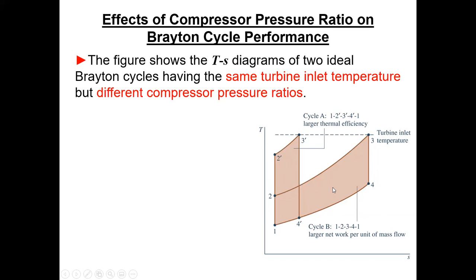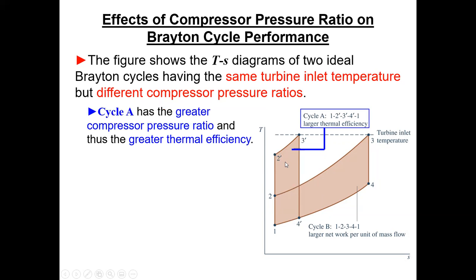So this lower pressure cycle favors work per unit mass, whereas this smaller work per unit mass is created at a higher efficiency. So we get our choice. We can't have our cake and eat it too, as my mama used to tell me.